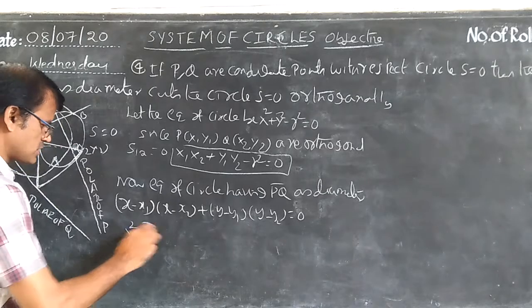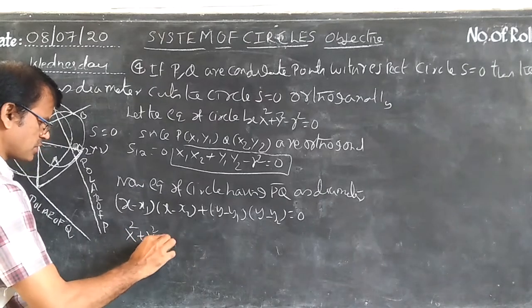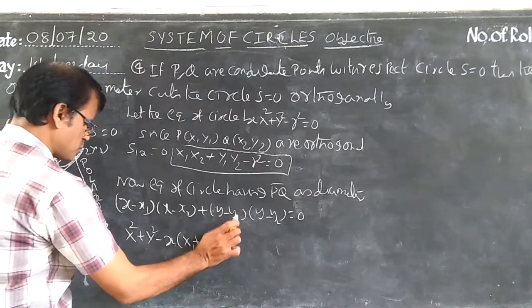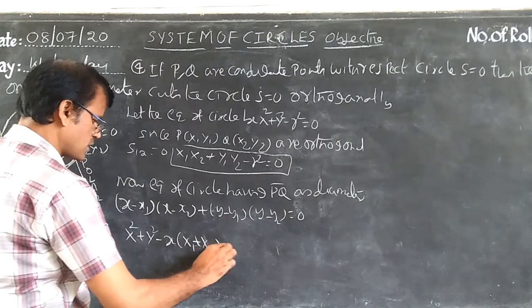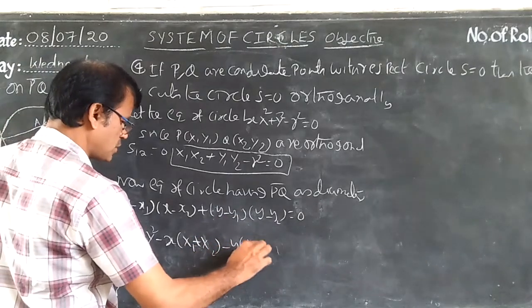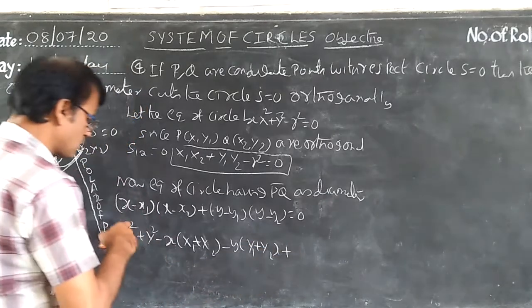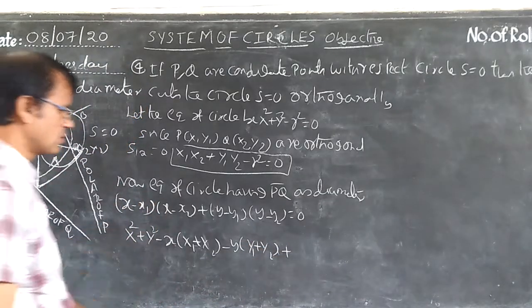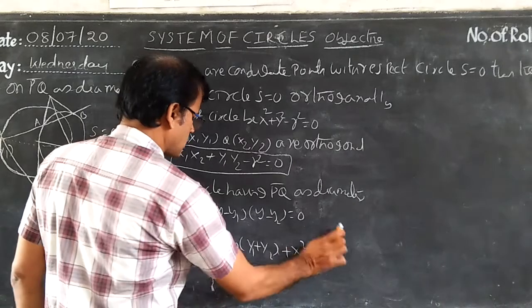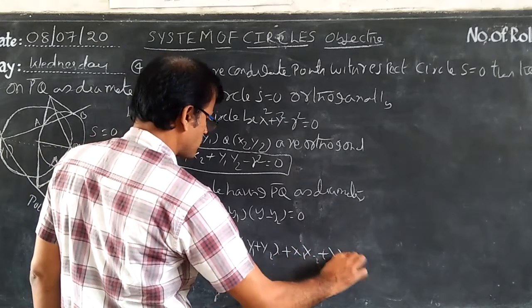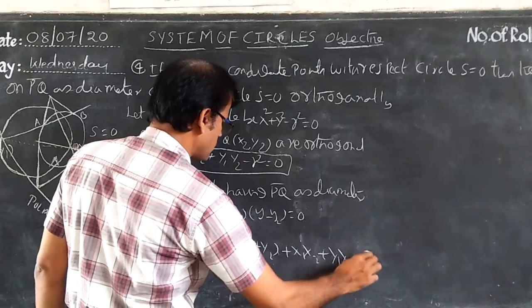Let us expand this equation as x square plus y square minus x times (x1 plus x2) minus y times (y1 plus y2), plus the remaining terms, which we write as x1 x2 plus y1 y2, equal to 0.